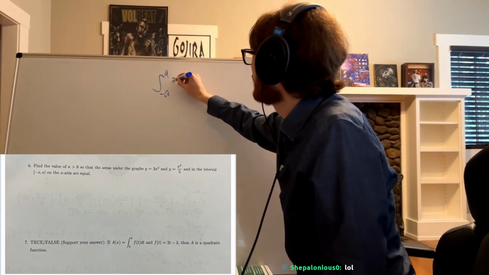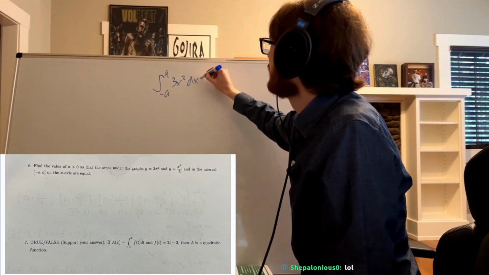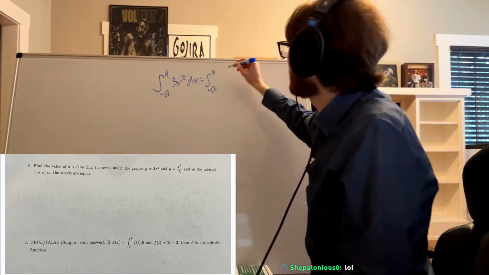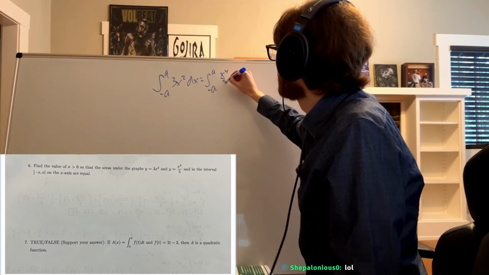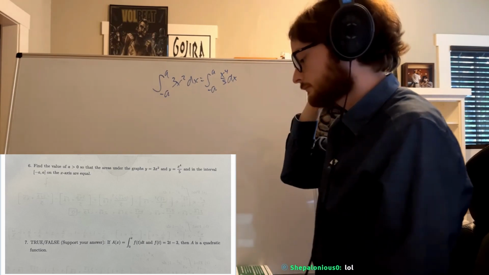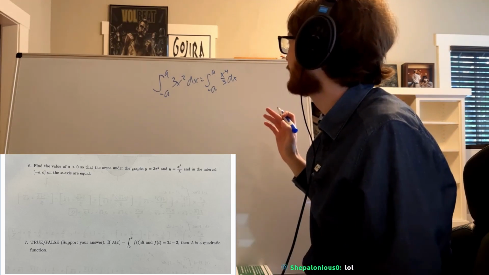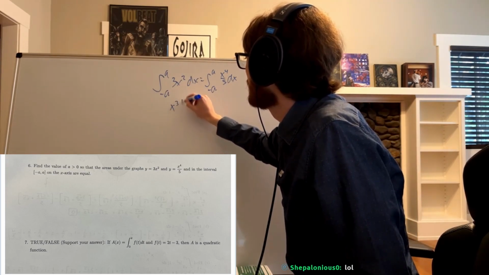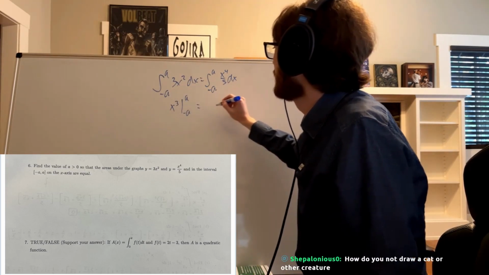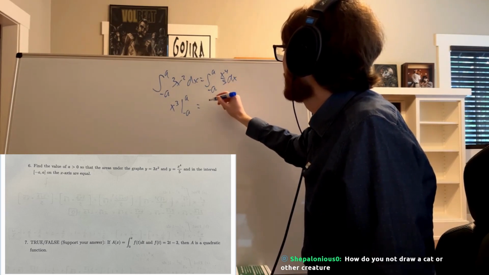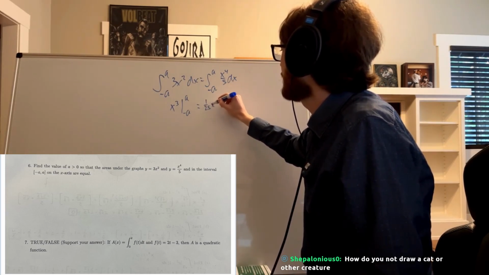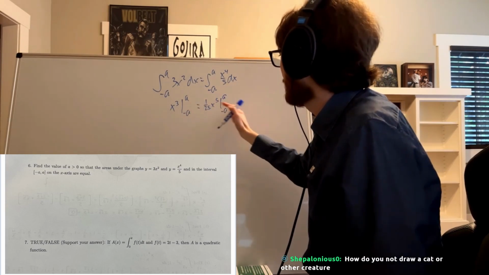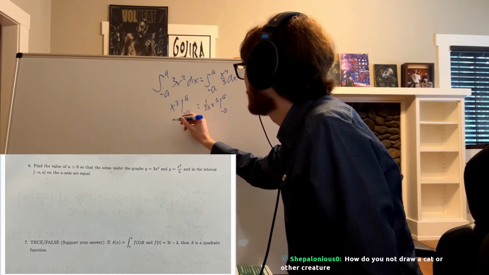3x squared... x to the 4th over 5. So integrating that, we get x cubed from -a to a. That we get 1/25 x to the 5th from -a to a. Technically there's plus c's, but the constants cancel each other out.